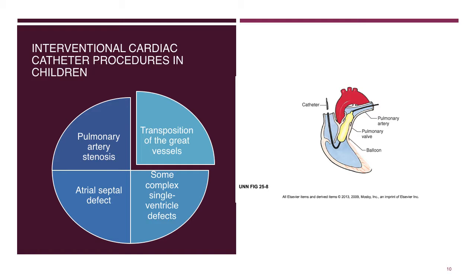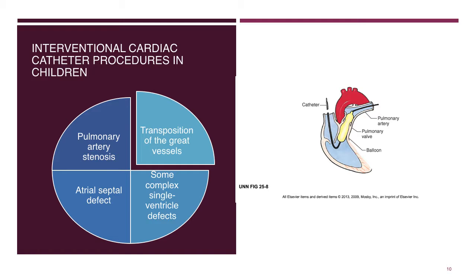When they get to the opposite side, to the left side, they blow up this balloon. And with blowing up that balloon, they now yank it. And when I say yank it, I mean they put some good pressure on it. And they pull it across that foramen ovale and make a bigger hole where this smaller hole was at one time.